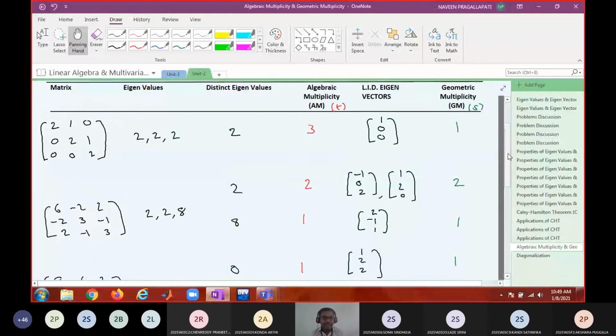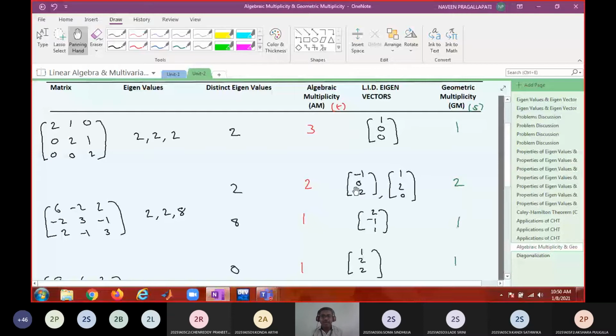But when some of the eigenvalues are the same, you may get n independent eigenvectors, or you may get fewer than n. You are not sure unless you compare geometric multiplicity with the corresponding algebraic multiplicity. To compare them, you need to find the eigenvectors.